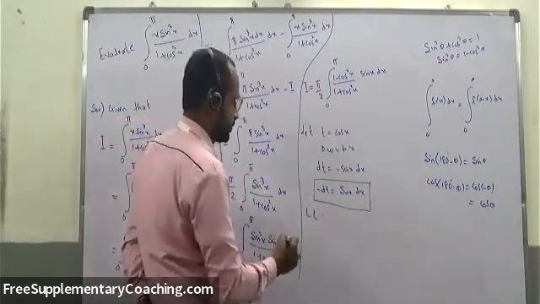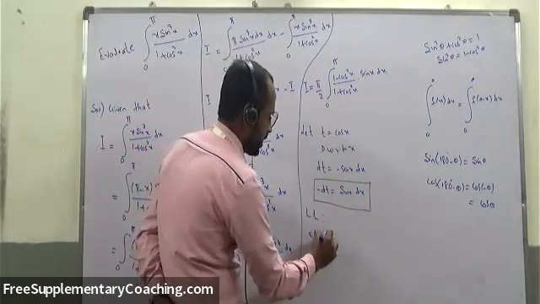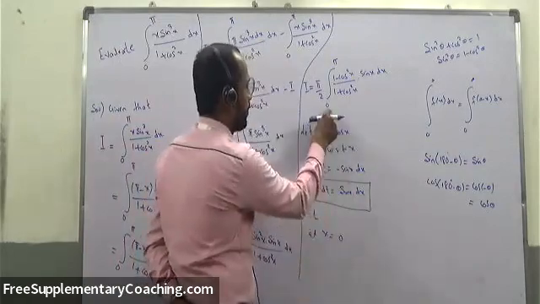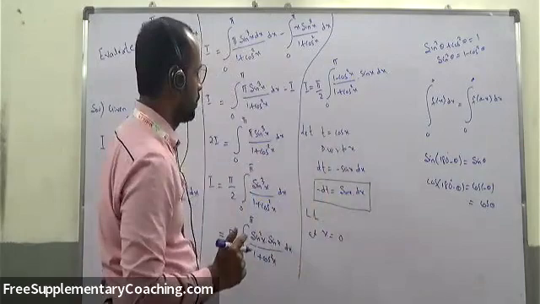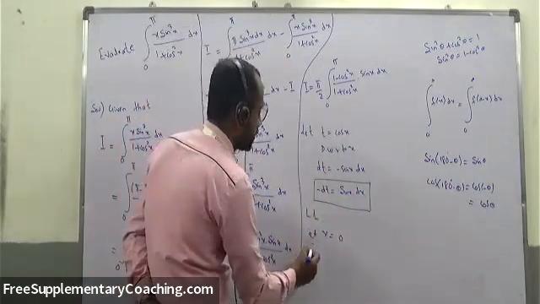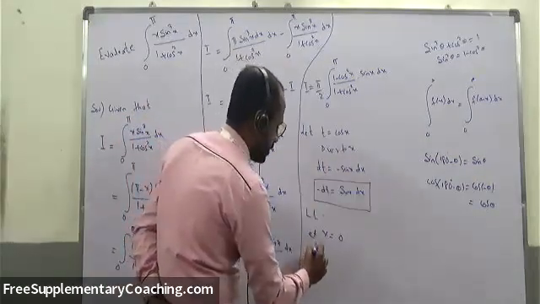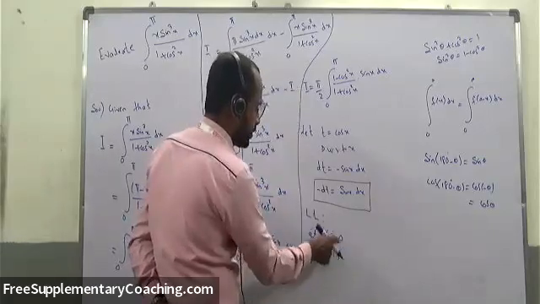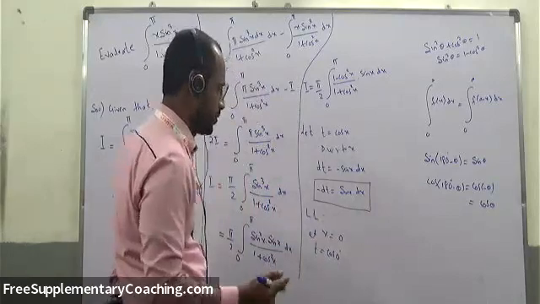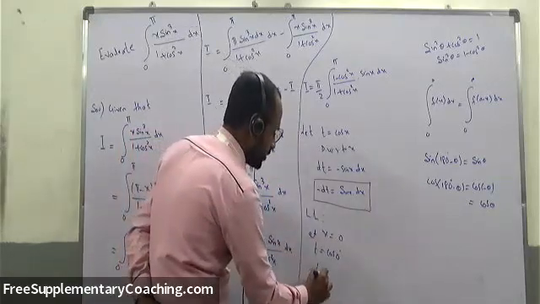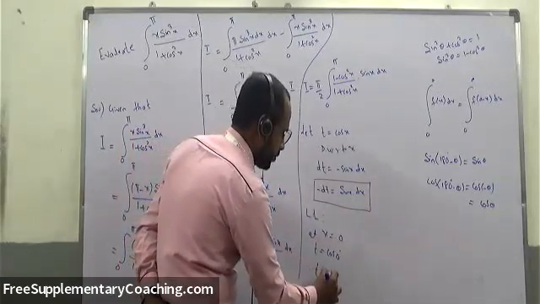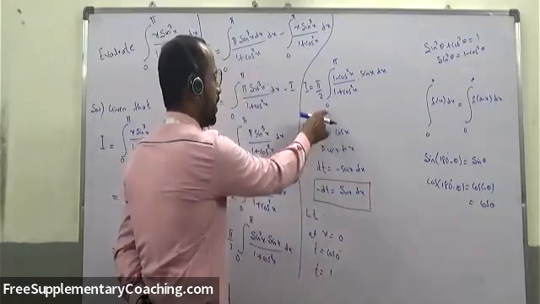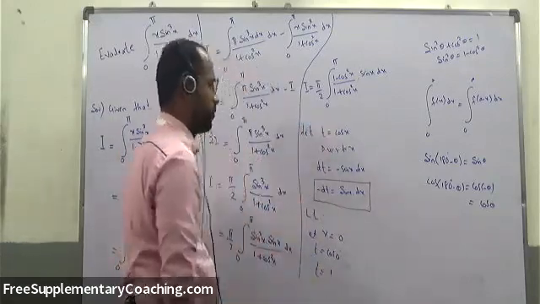So here at x is equal to 0, lower limit, t is equal to cos 0 degree. In the place of x, write 0. Cos 0 is 1, we know that. So our lower limit now becomes 1. So instead of writing 0, we have to write 1.